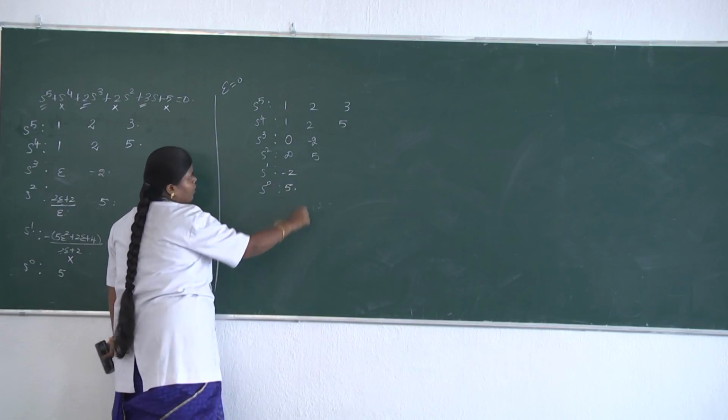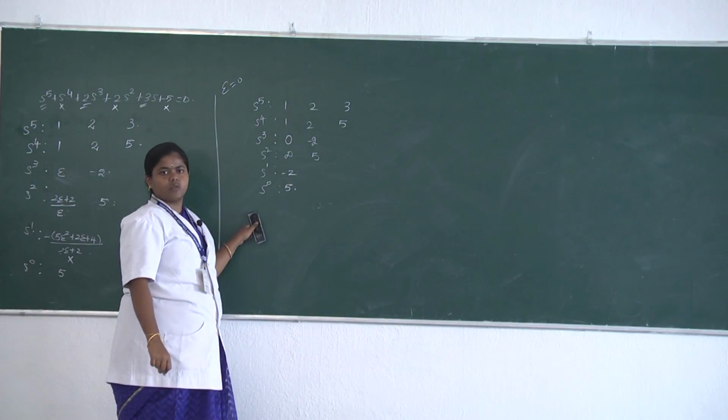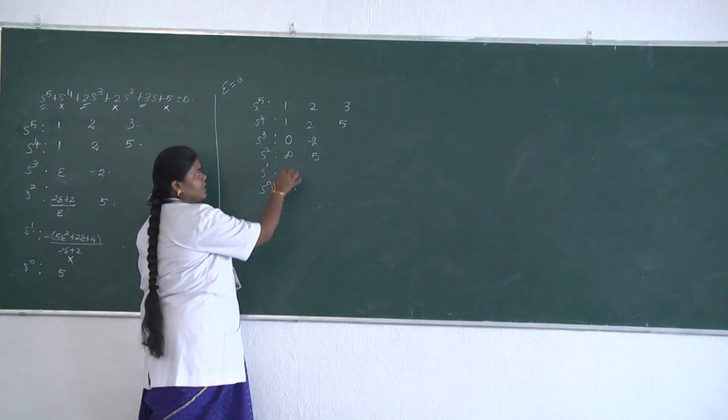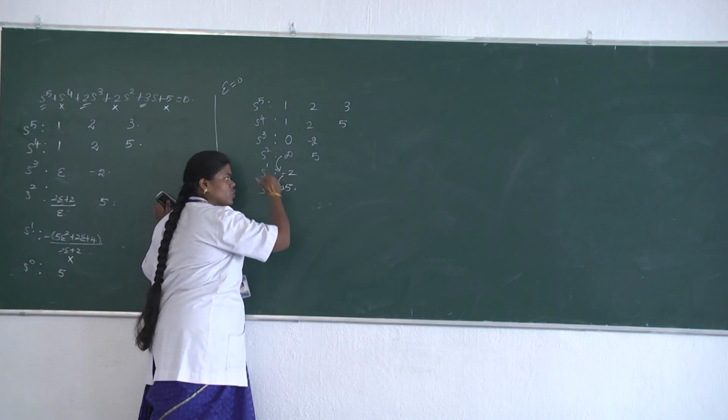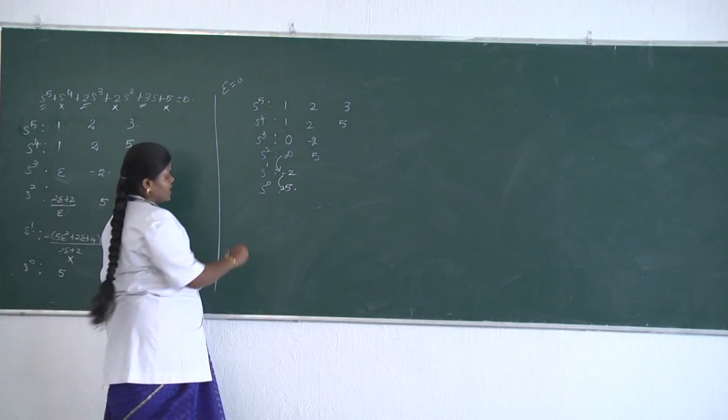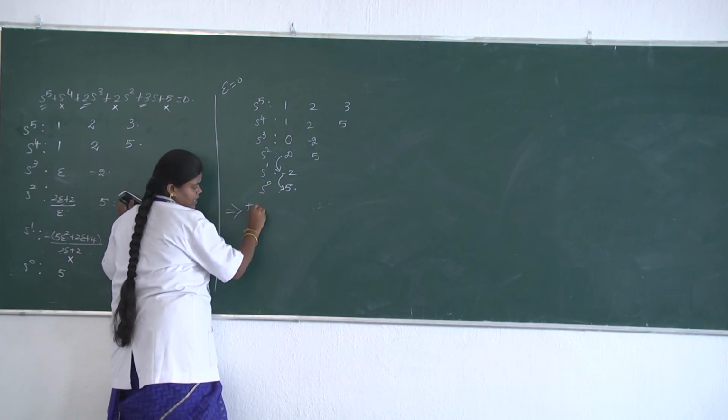While analyzing this Routh array, we find that there is a sign change from plus to minus and from minus to plus. There are two sign changes.